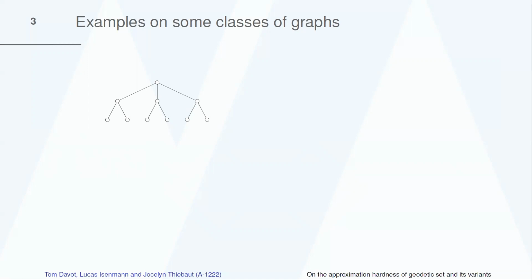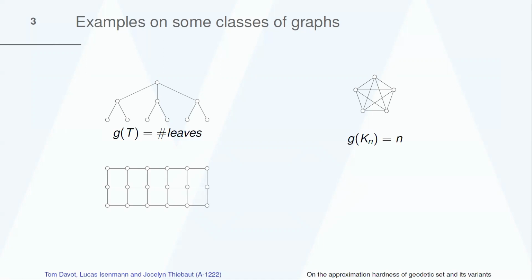If you have a vertex with degree 1, you need to take it, because otherwise there is no other way to cover this vertex. So you need to take all the leaves of the tree, and in fact it's enough. For complete graphs, you have to take all the vertices, because the shortest path is the edge between the two vertices.